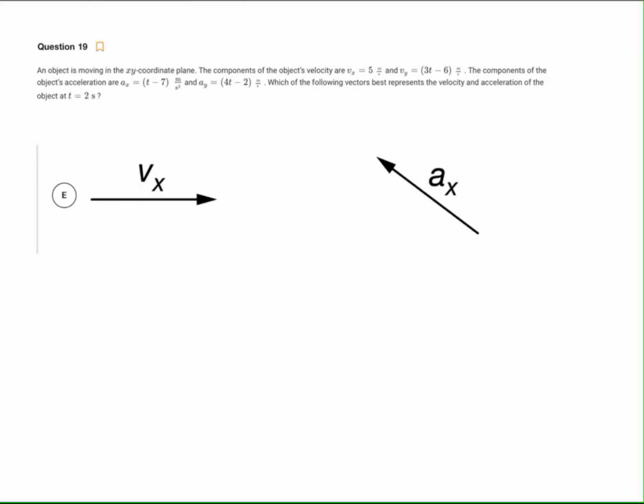Now, this guy was trickier than it needed to be. What you have to do here, really, is take all of these equations, the 4 equations, and plug in 2 seconds. So Vx, no matter what, is going to be 5 meters per second. Vy, however, when you put in 2 seconds, ends up giving you 3 times 2 is 6, minus 6, is 0.